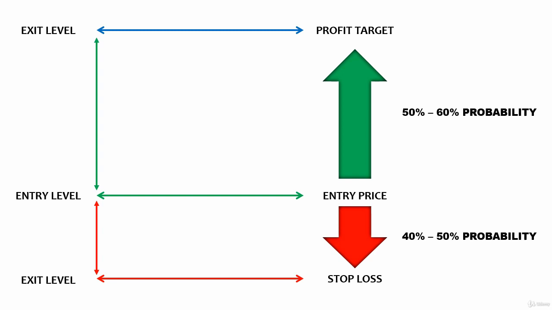The probability of price moving up during an uptrend is about 50 to 60%, while the probability of price moving down during an uptrend is only 40 to 50%. As a result of this, when the market is in an uptrend, we're going to have a higher probability of winning when we take long trading positions since price is much more likely to form higher highs.